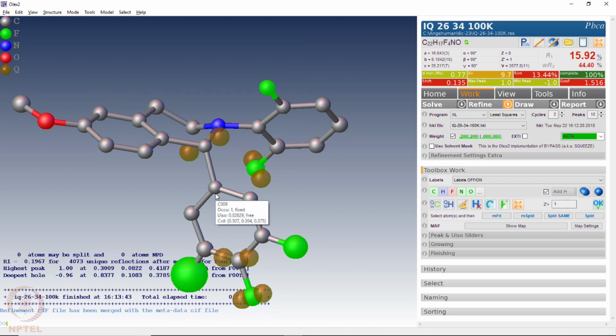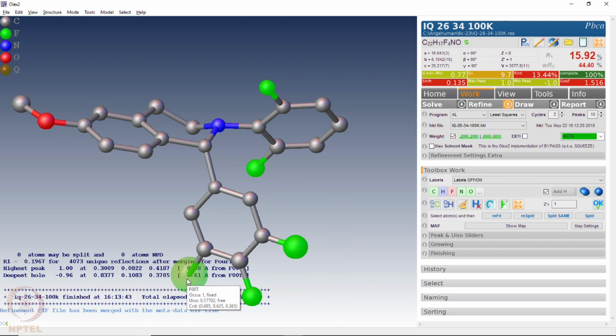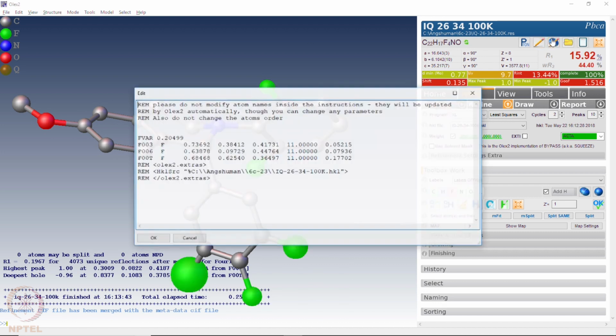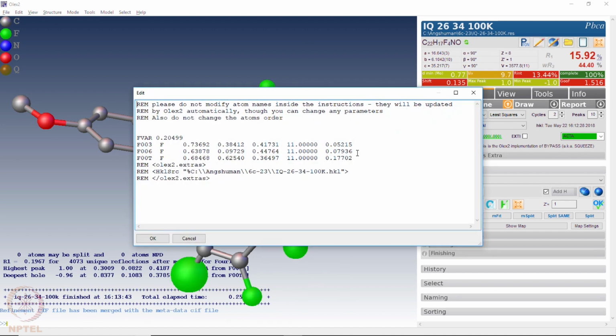You see here the thermal parameter of this fluorine and that fluorine are different. If we look at the isotropic thermal parameters, this fluorine 3 has 0.05, fluorine 6 has 0.79 and fluorine 7 has this.